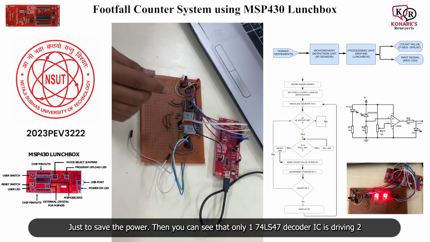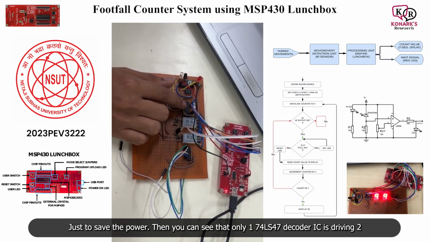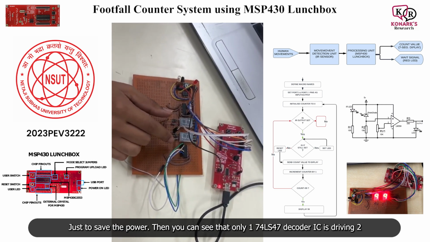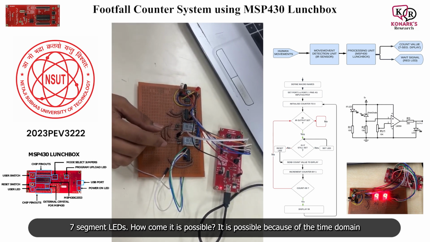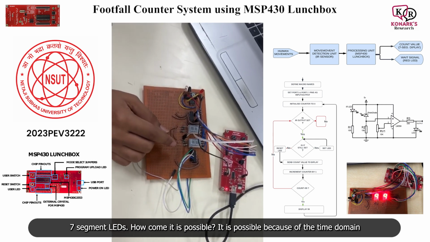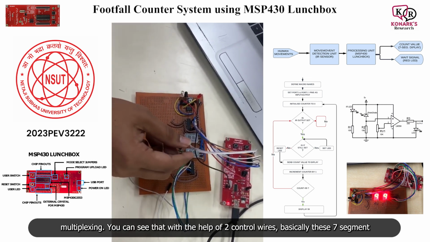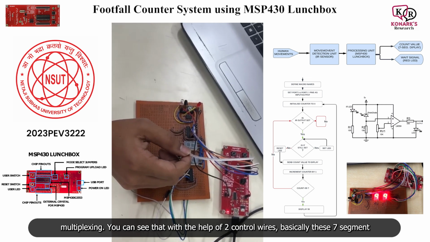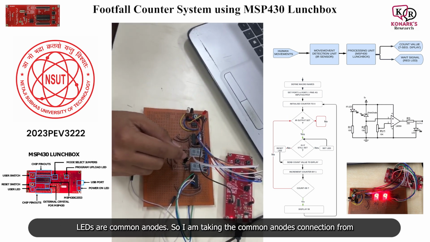Then you can see that only one 74LS47 decoder IC is driving two 7-segment LEDs. How is it possible? It is possible because of time-domain multiplexing. You can see that with the help of two control wires, basically these 7-segment LEDs are common-anode.